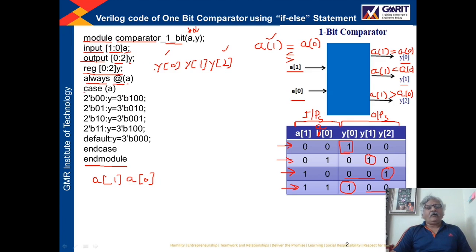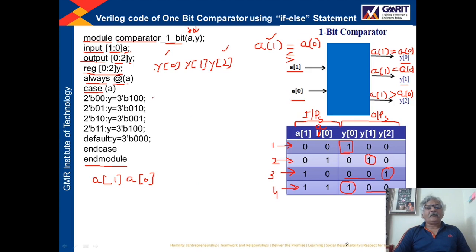So now inside the always block I have used the case statement, so that's why I am using the keyword case and within brackets A. So A is the expression now, right? Depending upon the values of A, any one arm of the case statement will be executed. Now 4 statements are written here because in this truth table there are 4 rows: one condition, second condition, third condition, fourth condition.